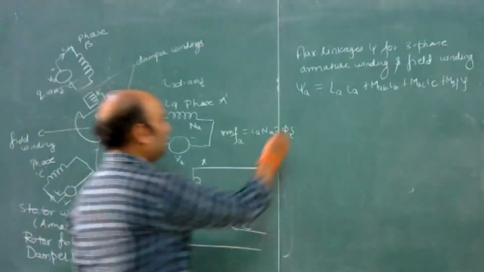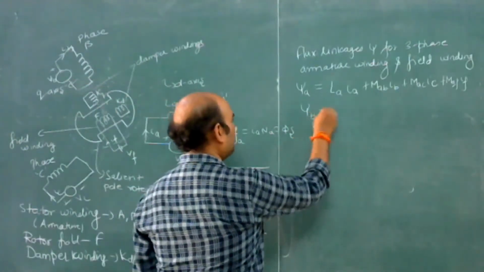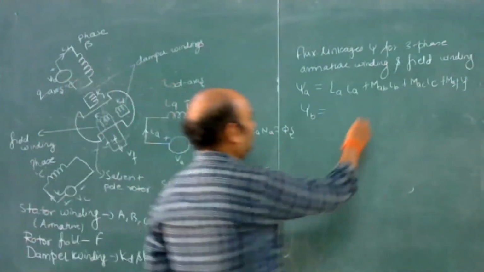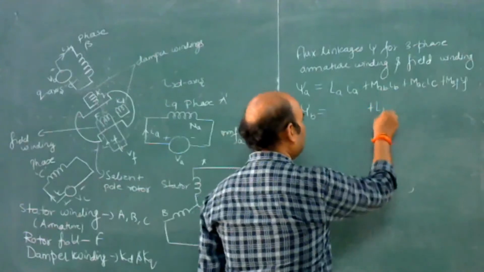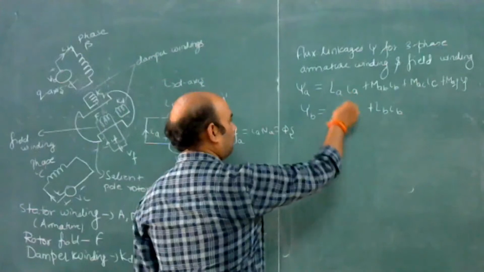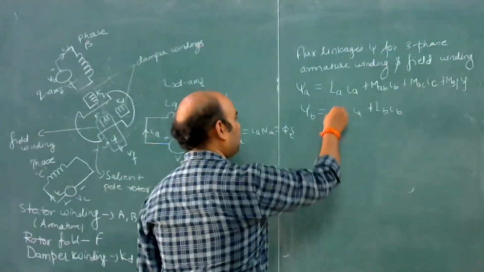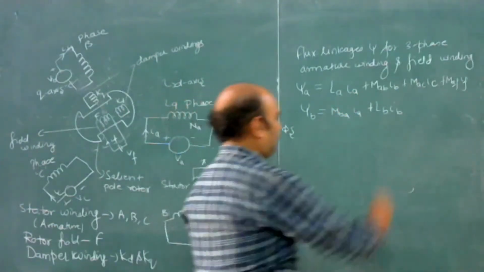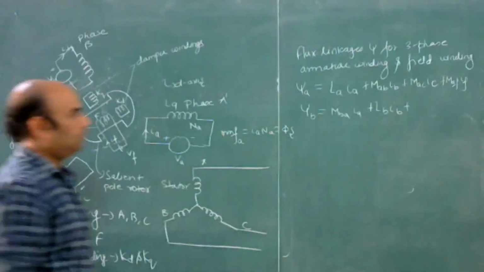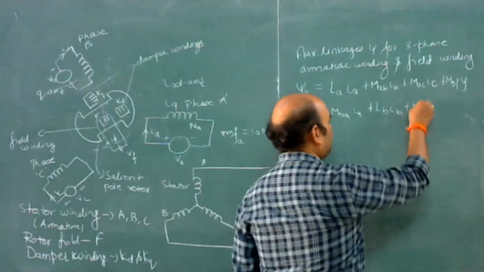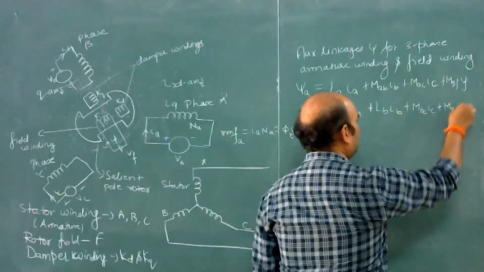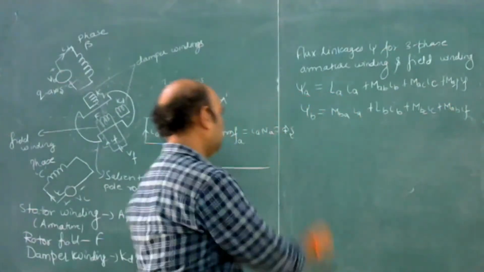Similarly, we can write for B, the flux linkage in phase B. So its self-inductance will be LB into IB, and for IA it will be MBA. Mutual inductance between phase B and C will be MBC into IC plus MBF into IF.